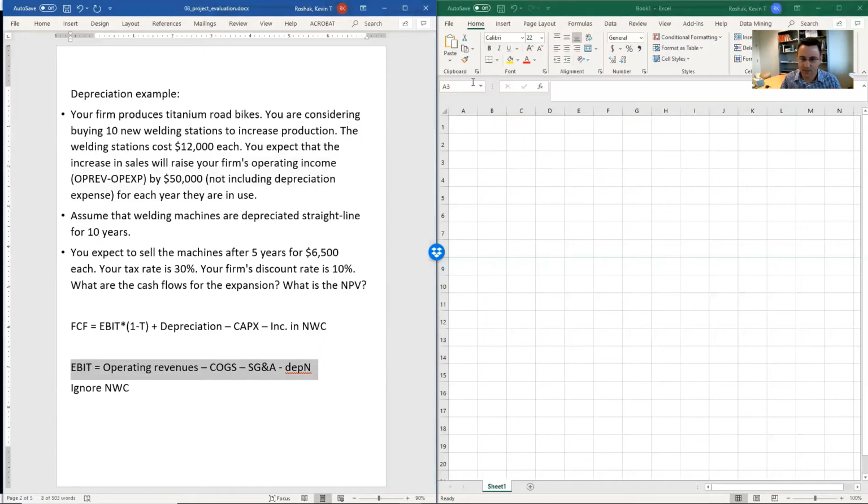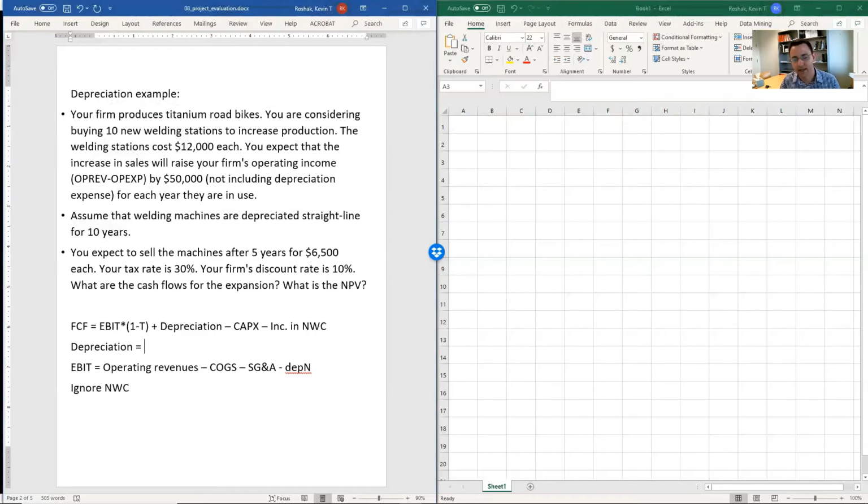So let's start at the simplest thing. Let's start at depreciation. You know that these machines cost $12,000. You know that they're going to be depreciated straight line over 10 years. Okay. And further, you know that you're buying 10 of these machines. Okay. So what's going to be happening to depreciation each year? Well, how much did you buy?